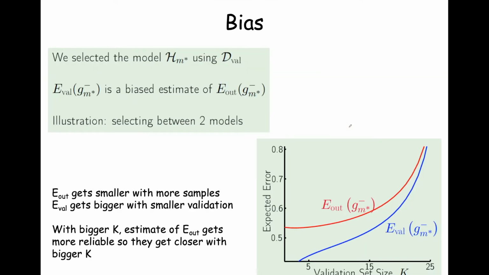Okay, so let's look at the relationship between the validation error on the reduced, simplified final best hypothesis, the intermediate g_m star minus, the best among those candidates, and the out-of-sample error.